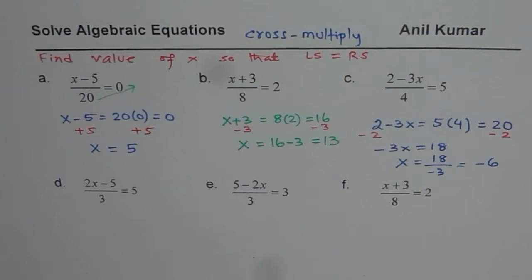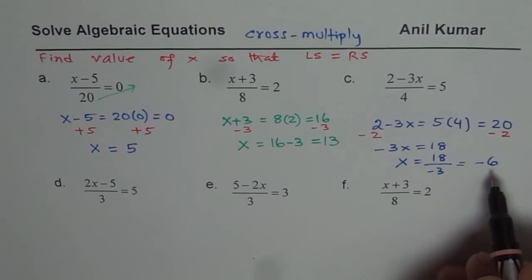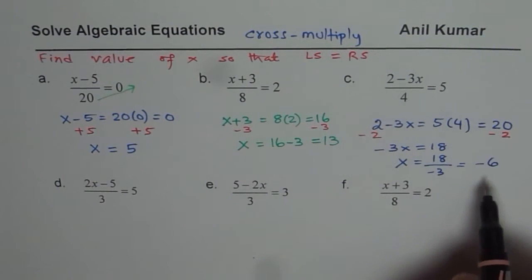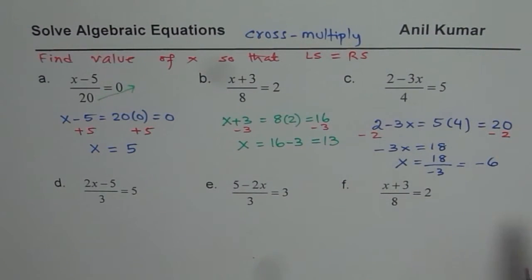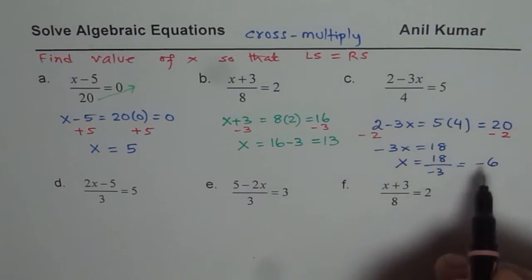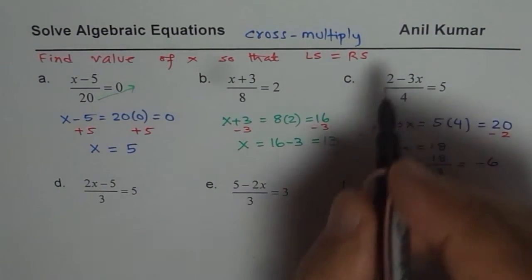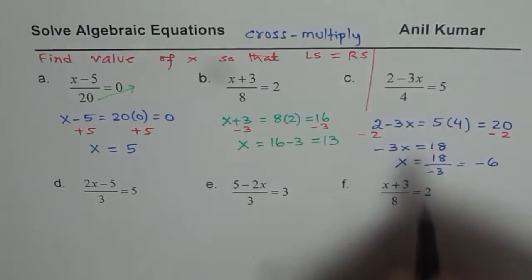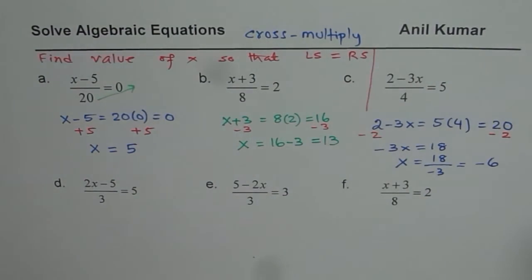Now, for some of you, I will recommend that once we get the solution, you should check your solution also. So let's check it this time for the third equation. What we have here is 2 minus 3x over 4. That is the left side. I'll substitute minus 6 for x. Let me write it down here. Let me change the ink; it's better to do it in blue.